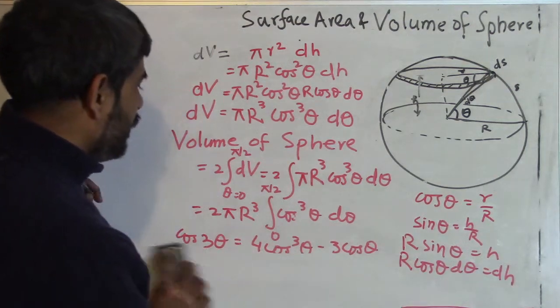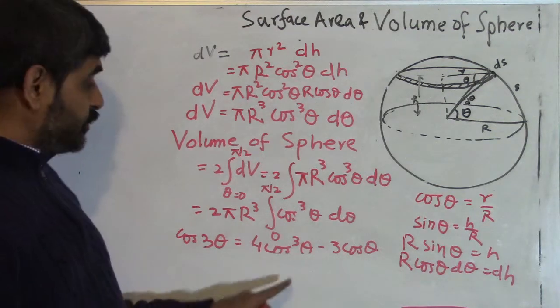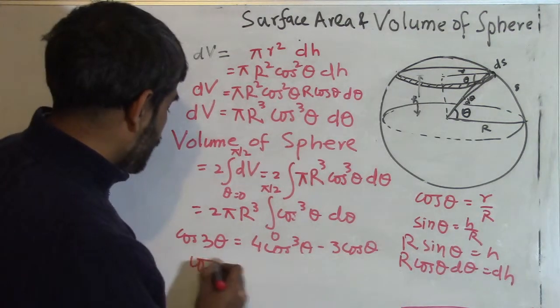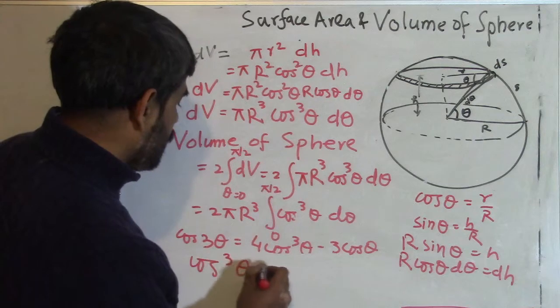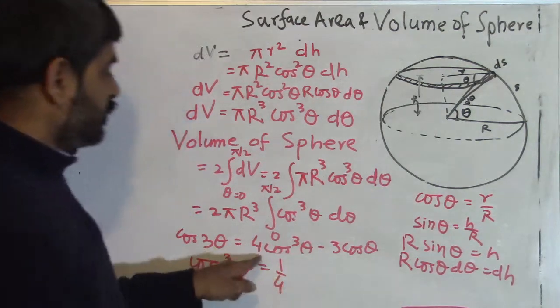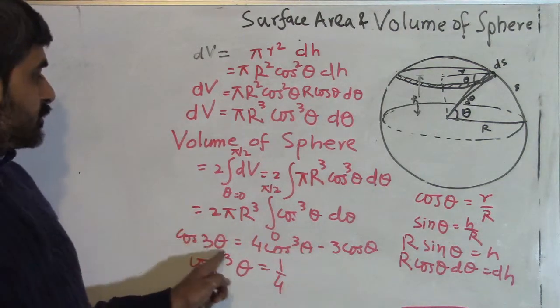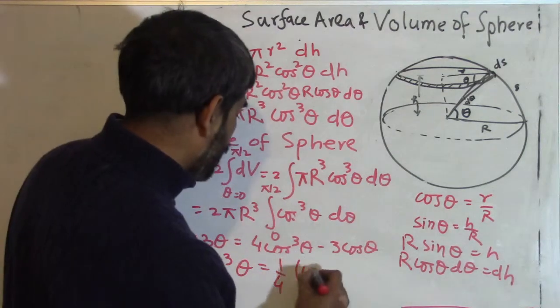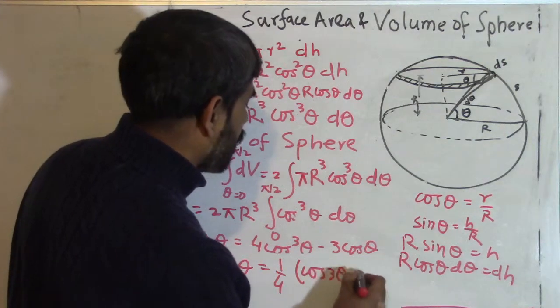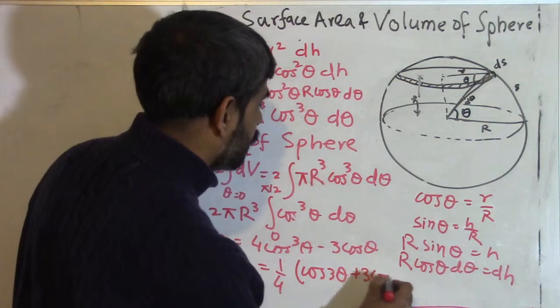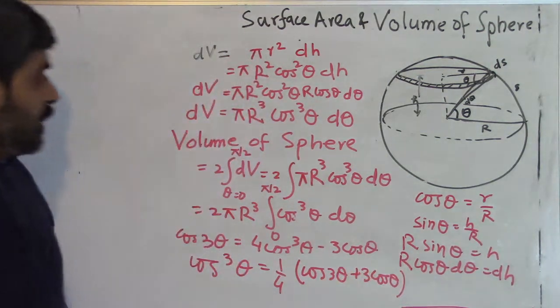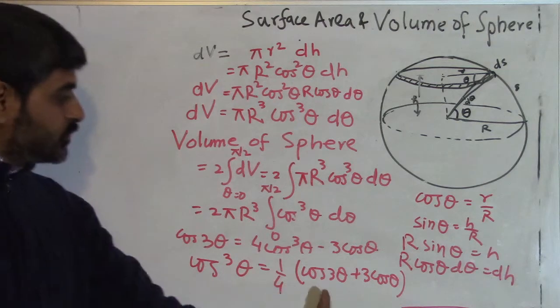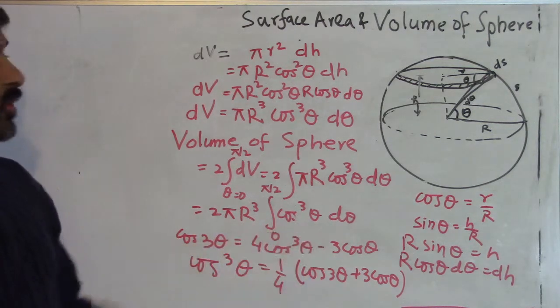From here, we get cos cube theta is equal to 1/4 of cos 3 theta plus 3 cos theta. And then we can substitute this whole thing over here.